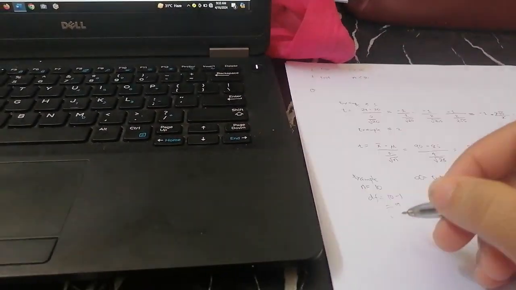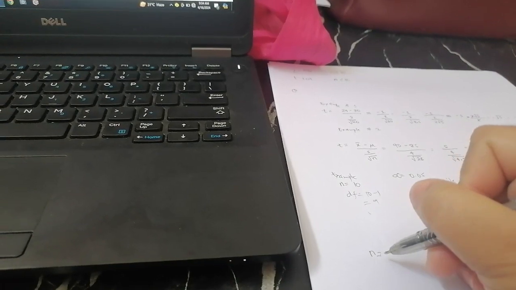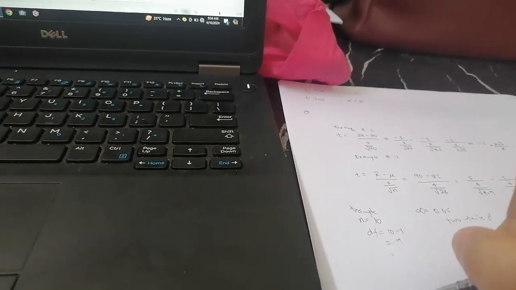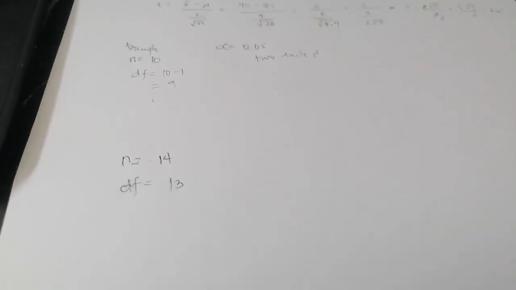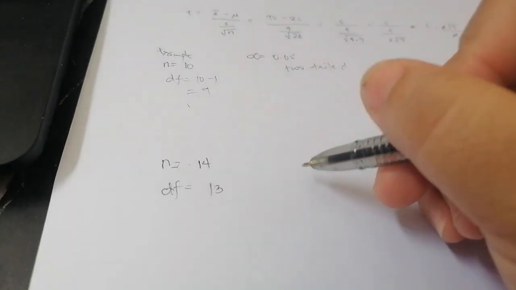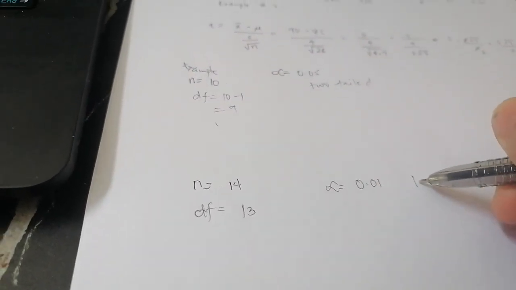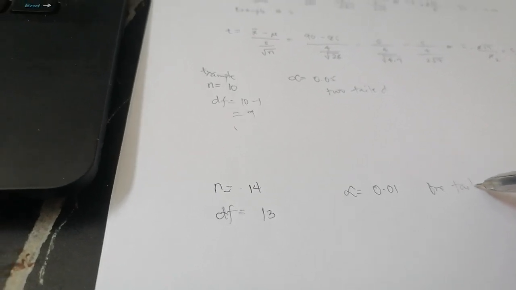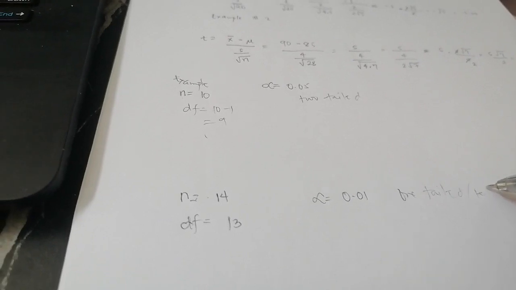Another example, one-tailed. Let's say n is equal to 14, so our degrees of freedom is 13, right? Because it is minus 1. Our alpha is 0.01 and it is one-tailed, whether left-tailed or right-tailed.